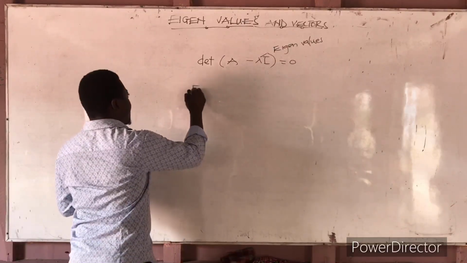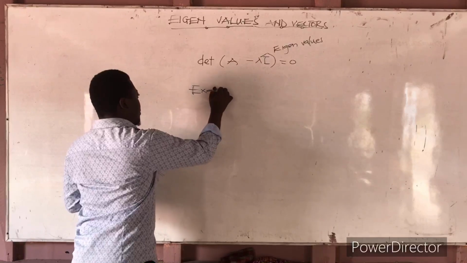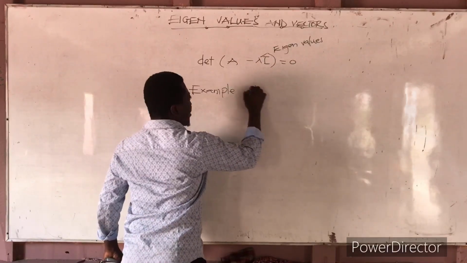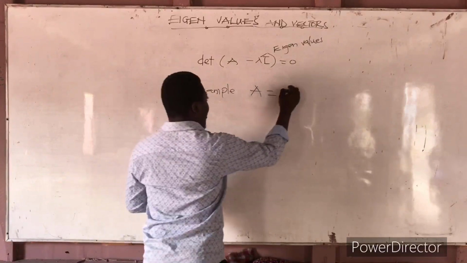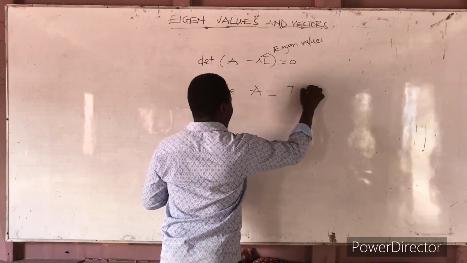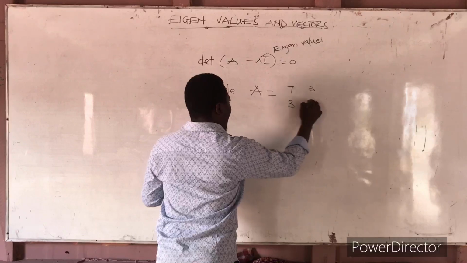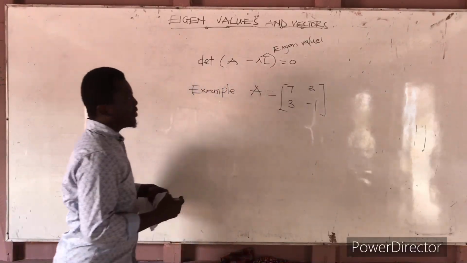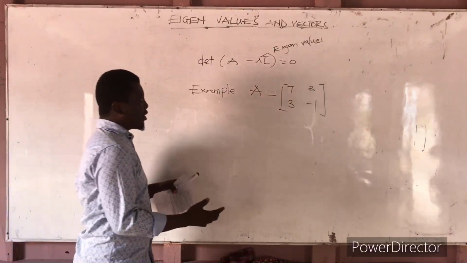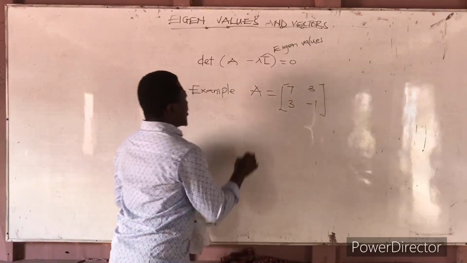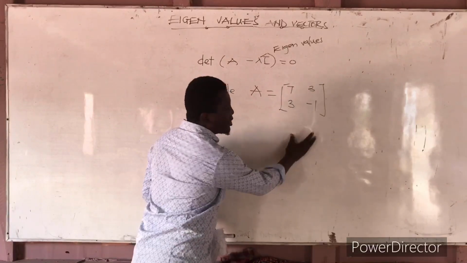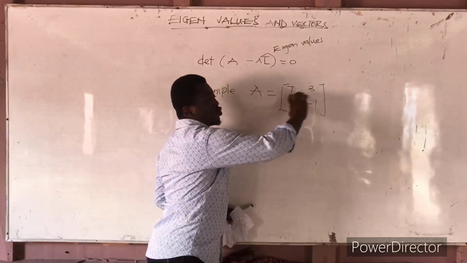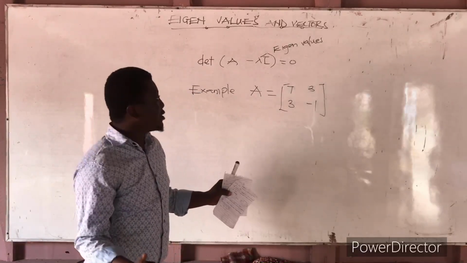For example, we are given a matrix A to be 7, 3, 3, -1. This is the matrix A that you've been given. You will check: is this a square matrix? Yes, because it is 2 by 2.